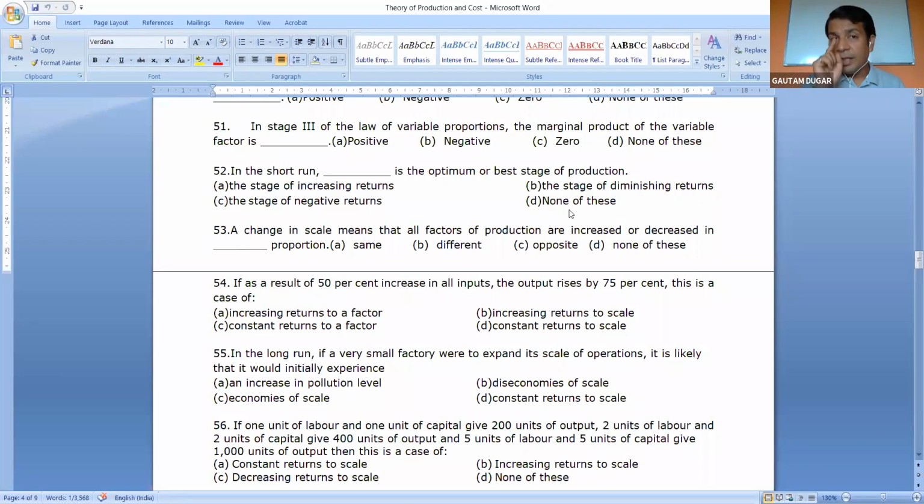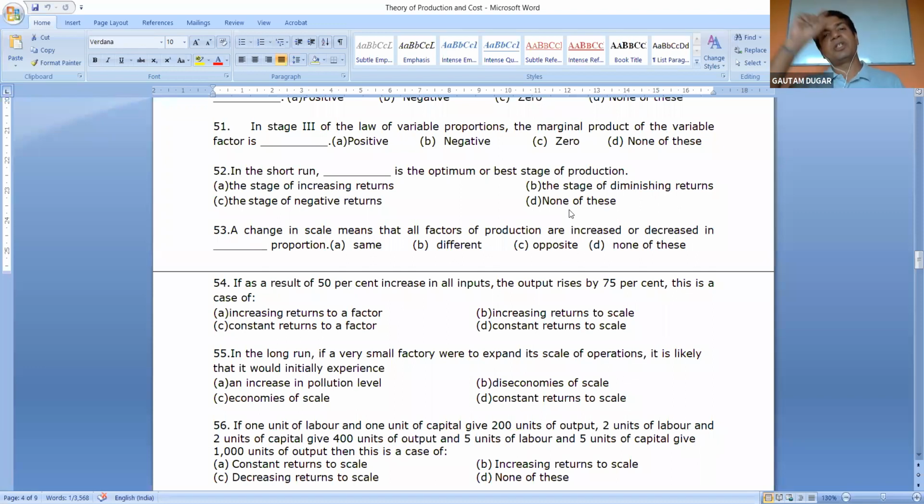And in the long run, the law of returns to scale operates, which has three stages. First, increasing returns. Second, we have constant returns. And third, we have diminishing returns. The law of returns to scale is applicable in the long run.